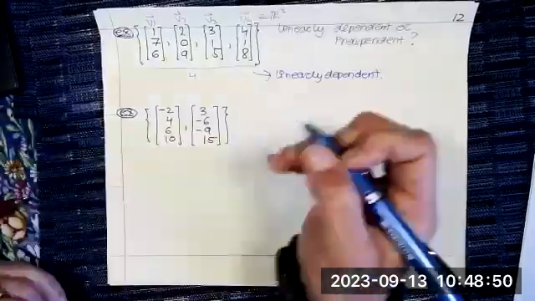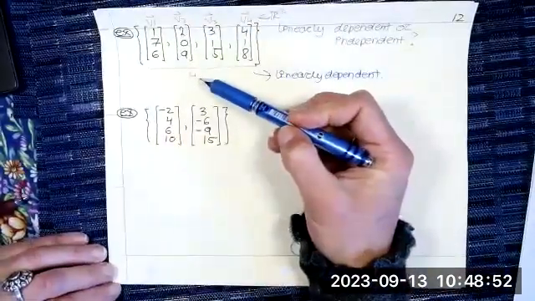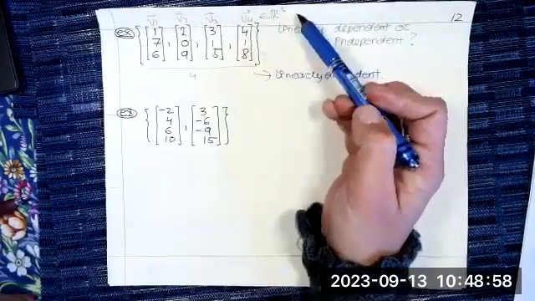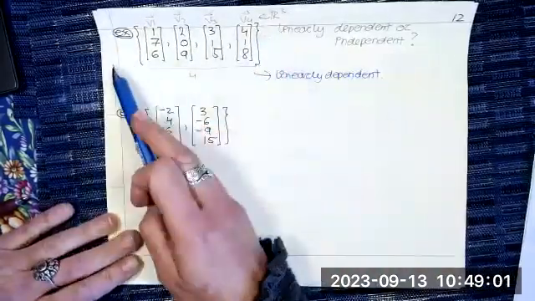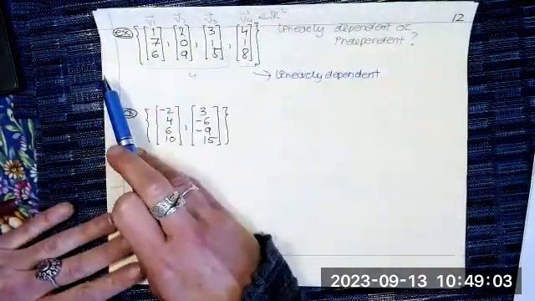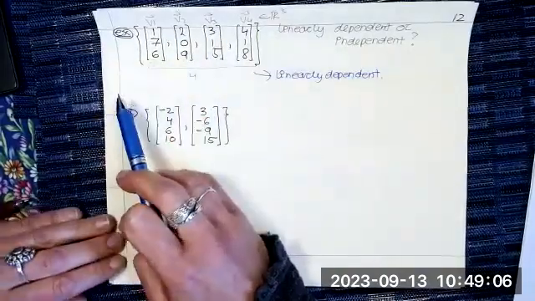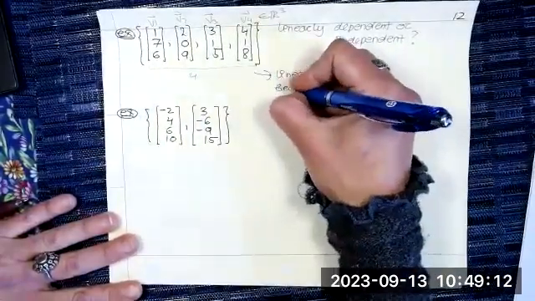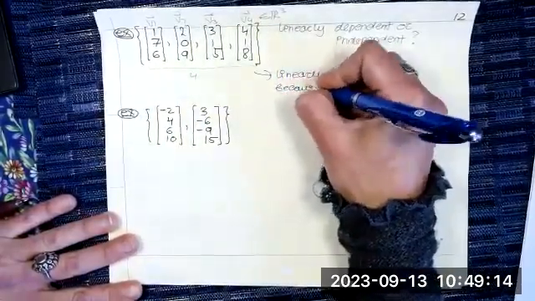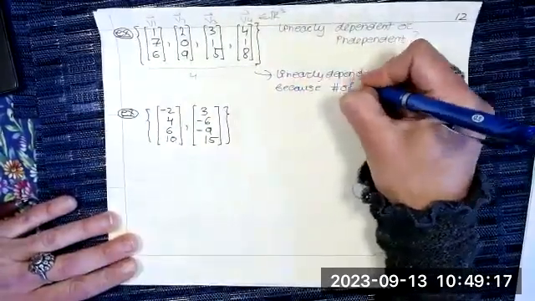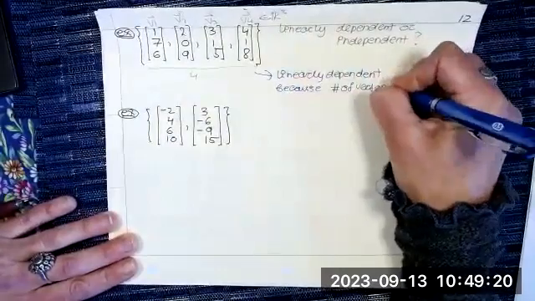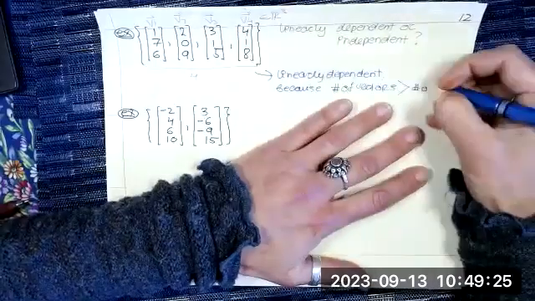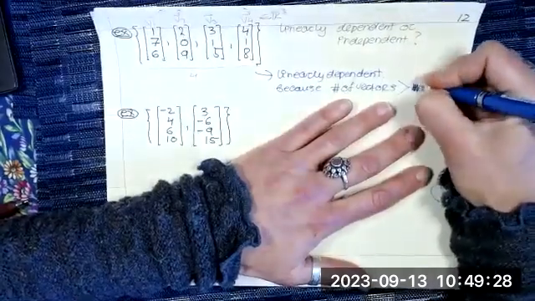Because I basically have 4 variables and only 3 conditions to solve for those 4 variables. So I will have some free variables, meaning I'll have not just the trivial solution, but infinitely many non-trivial solutions for linear combinations. So this set will have to be linearly dependent because the number of vectors is greater than the dimension.